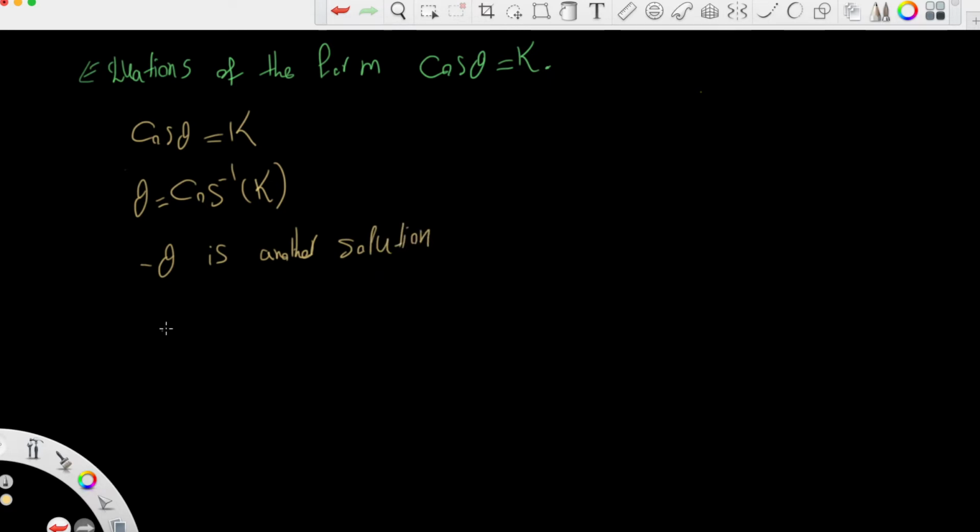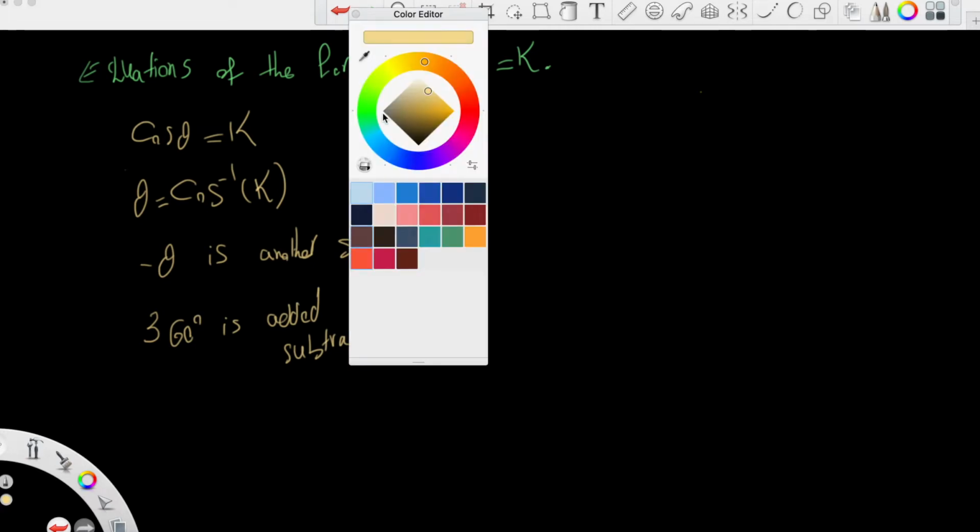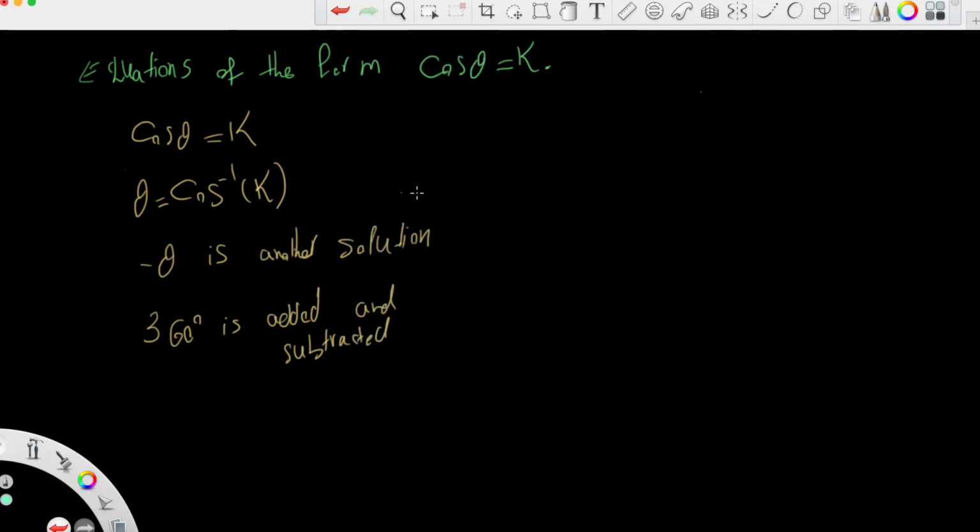Then theta plus 360, theta minus 360 will give you the same ratio as the original angle, as the reference angle. So 360 is added and subtracted. And remember that you should note whether they lie in the required interval or not.